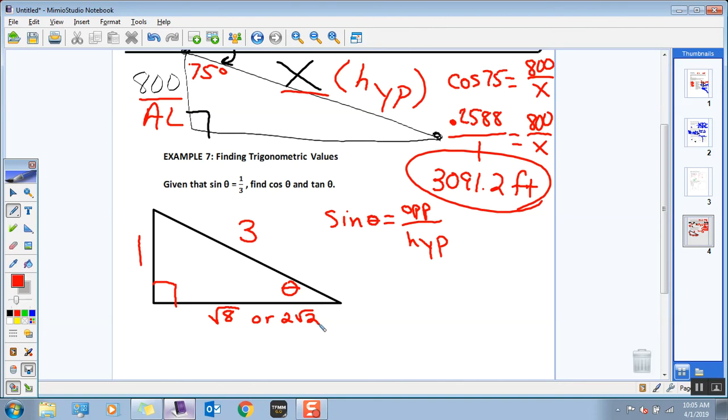So once I know that, kids, could I find the cosine now? Let's use the square root of 8 right here. Cosine of theta is adjacent leg over hypotenuse. What's the adjacent leg? Root 8. Root 8 over what?